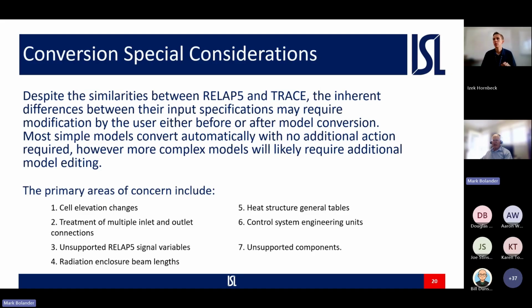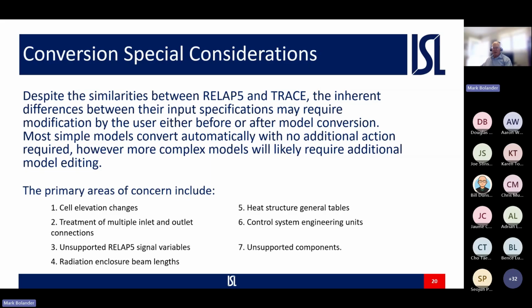places where you're going to have to do some model editing, and some of these primary areas of concern include cell elevation changes, treatment of multiple inlet and outlet connections, unsupported RELAP5 signal variables like we've seen, radiation enclosure beam lengths, heat structure general tables, control system engineering units.